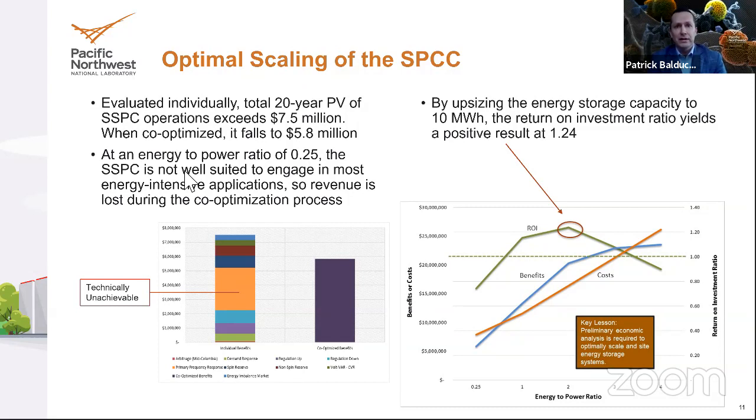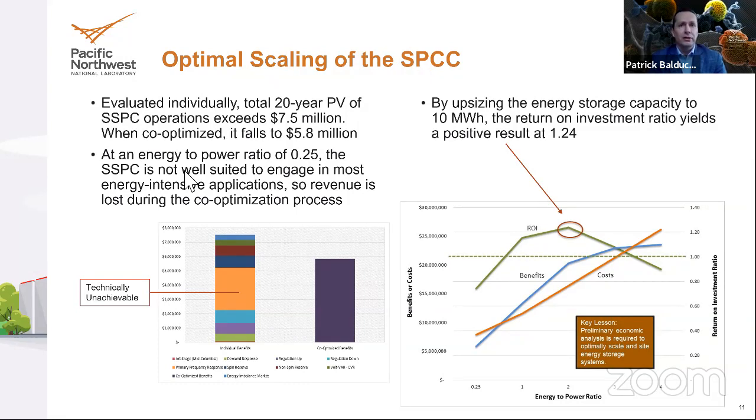The other thing that we found out is that at an energy to power ratio of 0.25, the return on investment ratio is negative, and in fact, quite negative using those old prices that were in place when the system was originally designed and built. But at today's prices, the system could pencil out, particularly if you manipulated the energy to power ratio. Today we found that the correct energy to power ratio would be around 2.